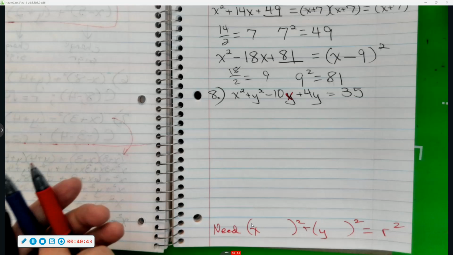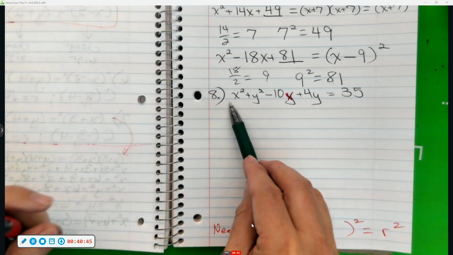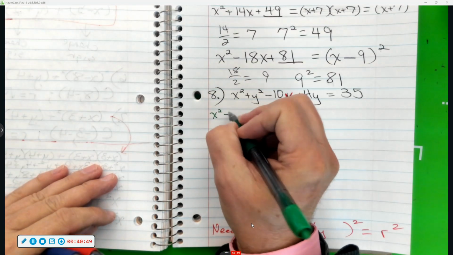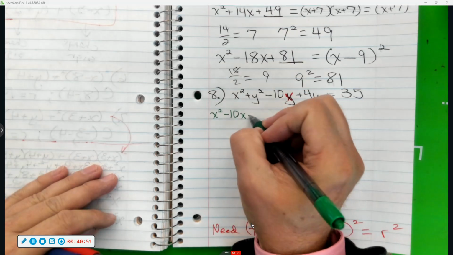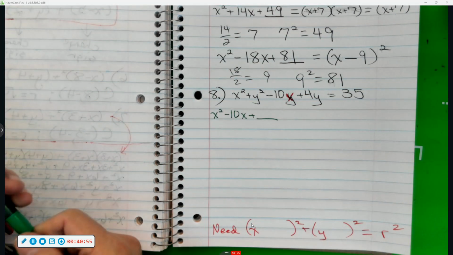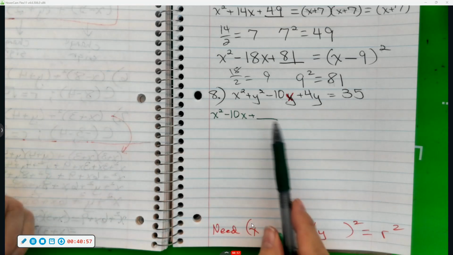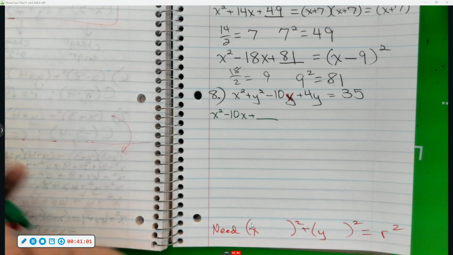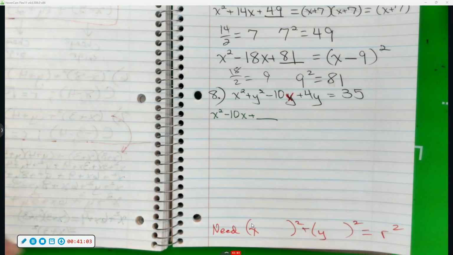So I'm going to group the x terms together. X squared minus 10x. And in a moment, I'm going to add another number there to create a perfect square. So I'm going to skip some space there. And now I'm going to group my y terms together.